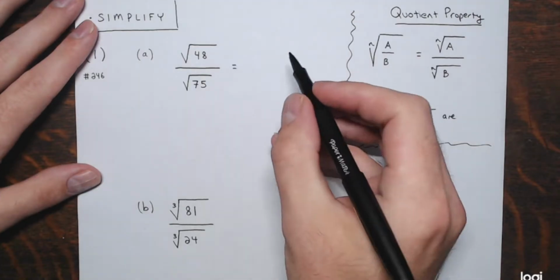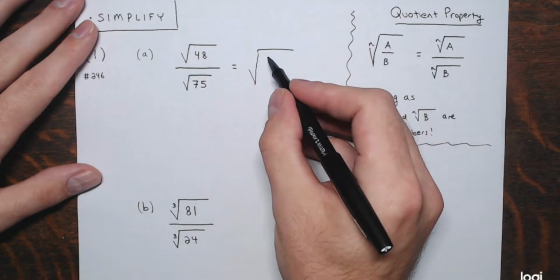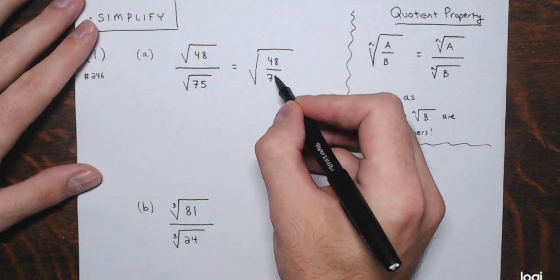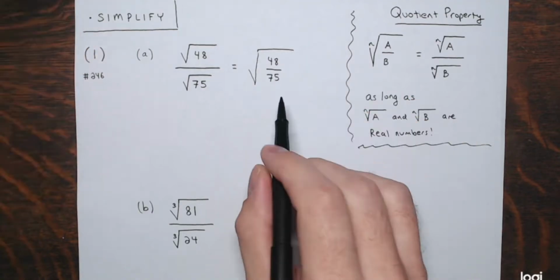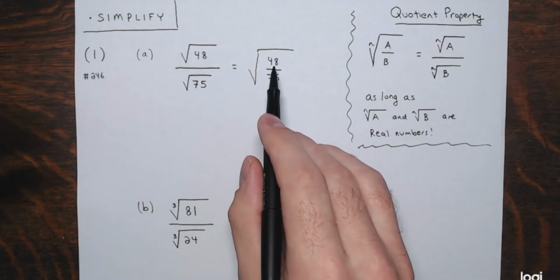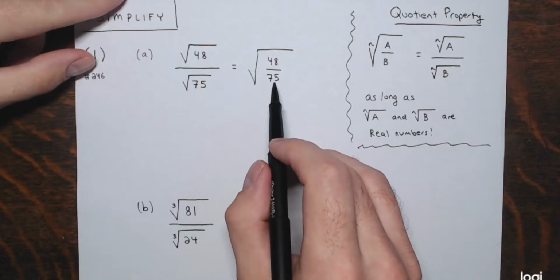Using the quotient property, this is equivalent to the square root of 48/75. Then I'm going to simplify this fraction. 48 is 3 times 16, and 75 is 3 times 25.